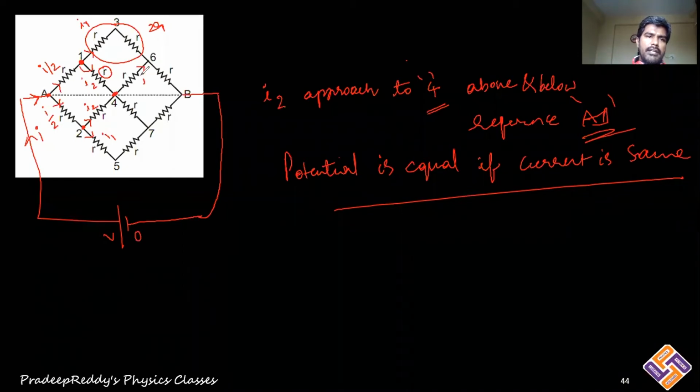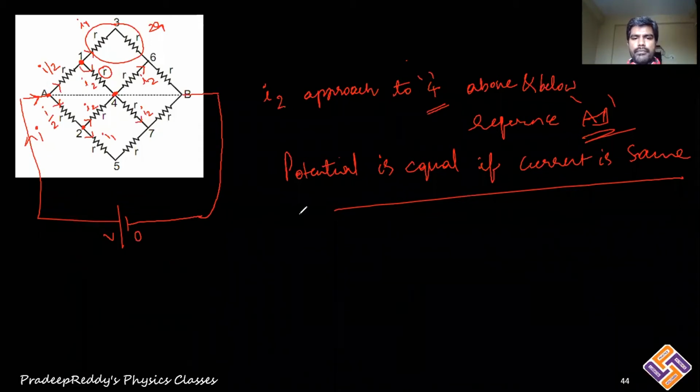Likewise, the I2 current coming from 2 to 4, without getting any division at 4, enters into 4 to 7. My intention is that from 1 to 6, whatever current I2 is coming, without getting divided at 4, the same current I2 enters into this region 6.